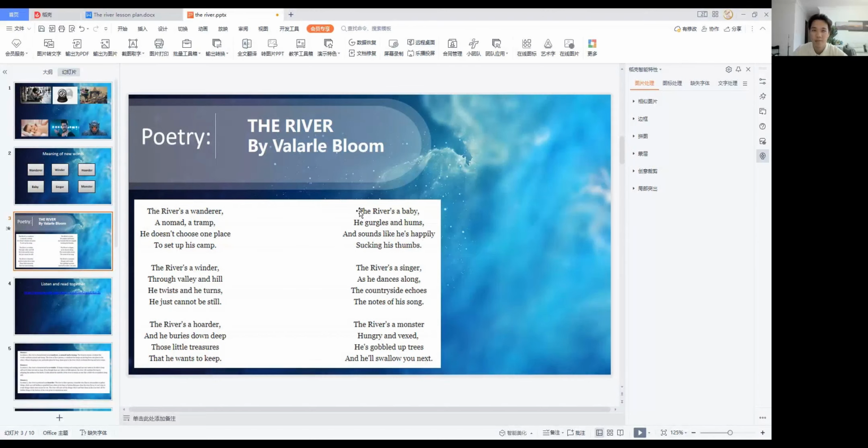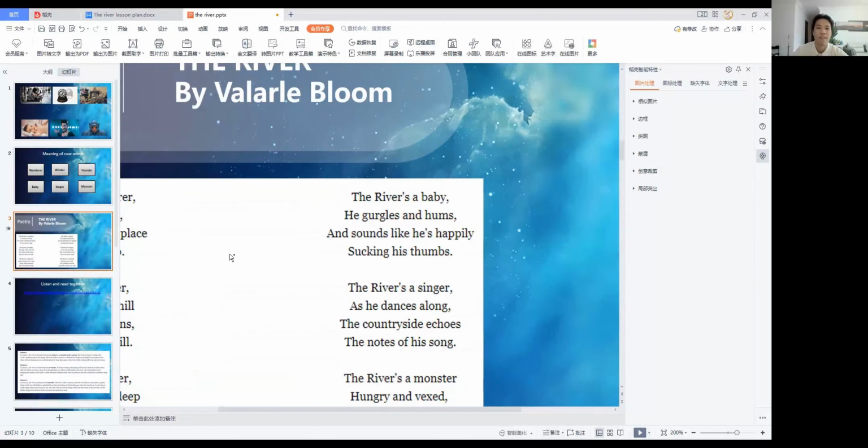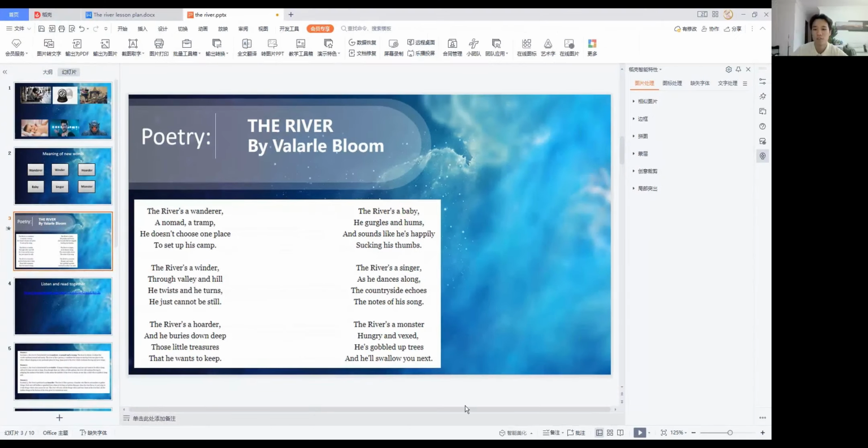Okay, so next I want to choose a volunteer, or maybe we can do this together. Just read this whole poem together, okay? If you can, turn on your microphone.